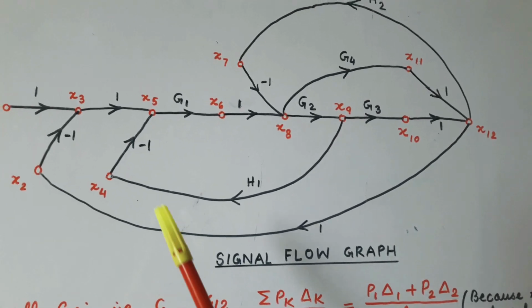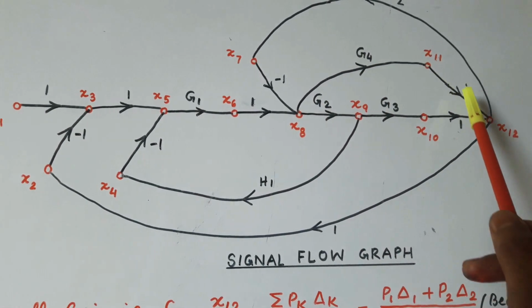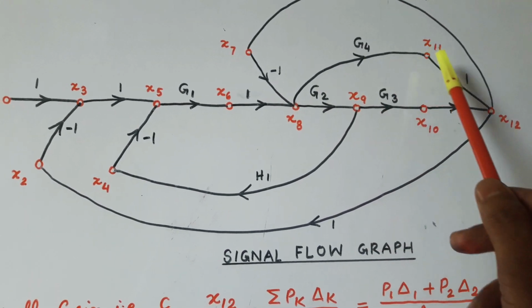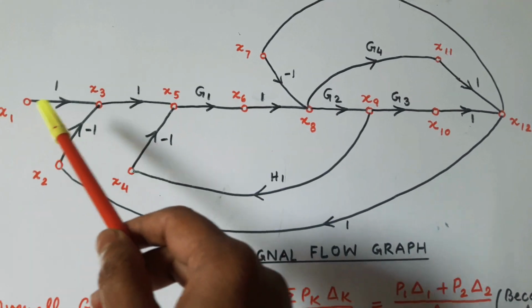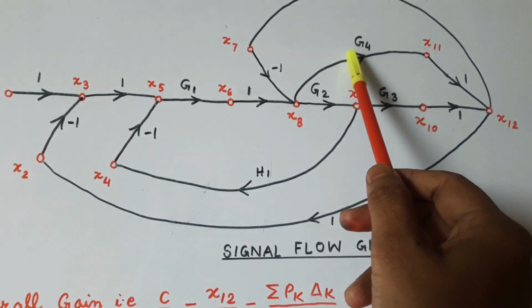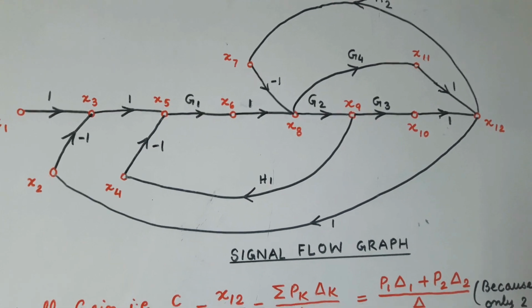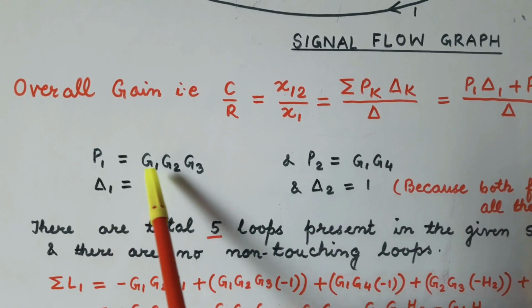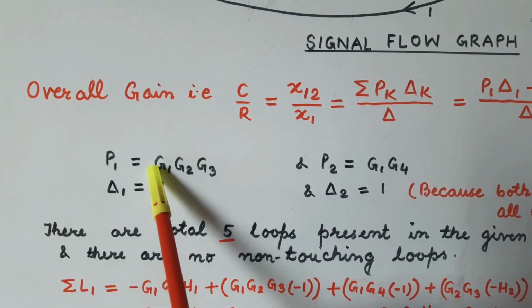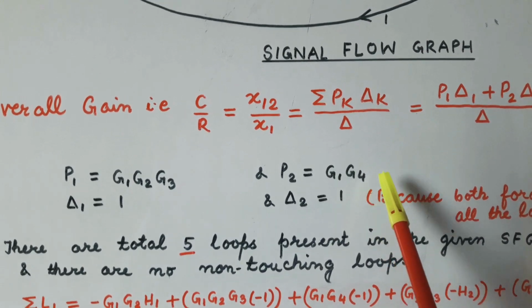Similarly, we find that there is again one forward path from this way, and the value of this forward path will be 1 into 1 into G1 into 1 into G4 into 1. So the value of P2 will be equal to G1, G4, and the value of P1, the first forward path, will be G1, G2, G3, and the value of P2 will be G1, G4.